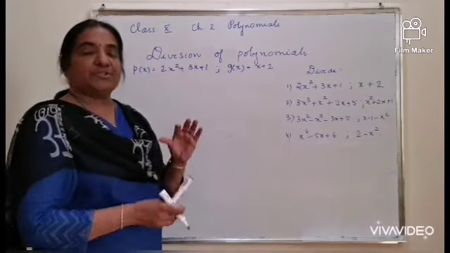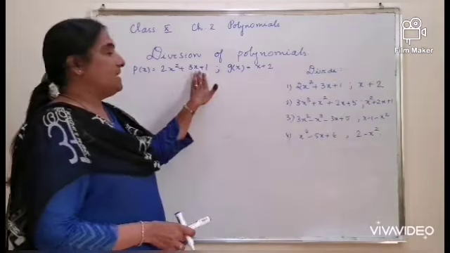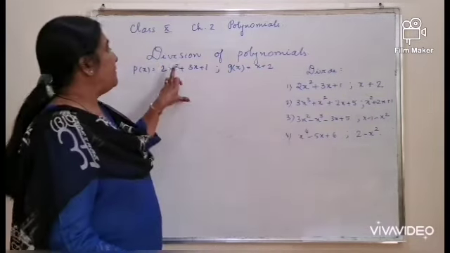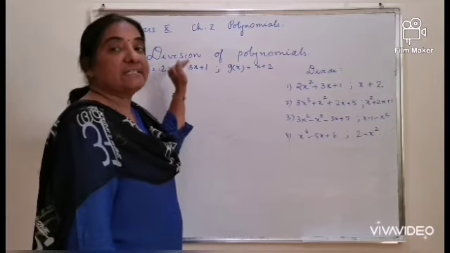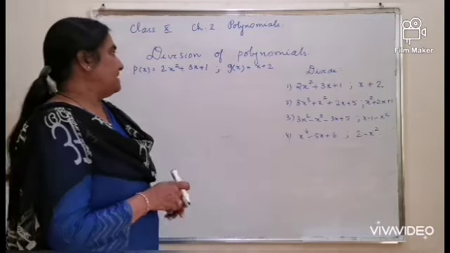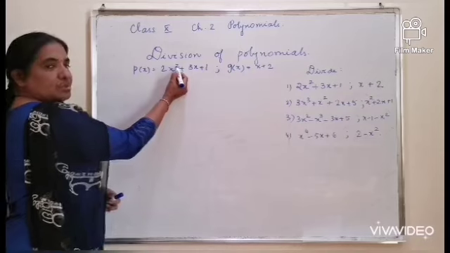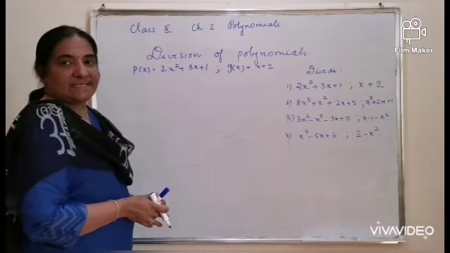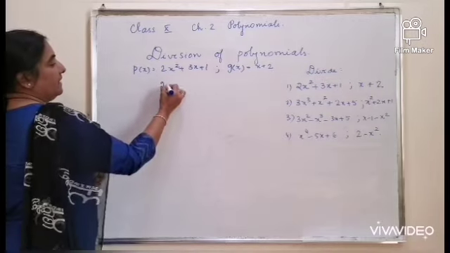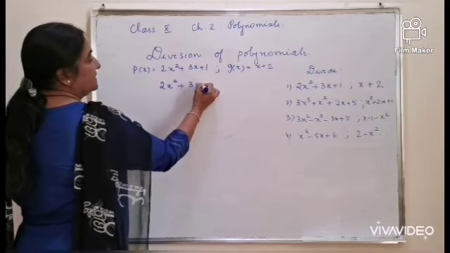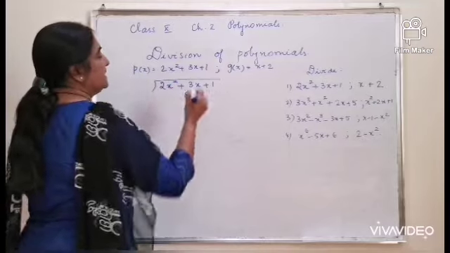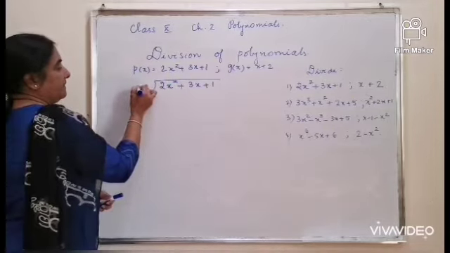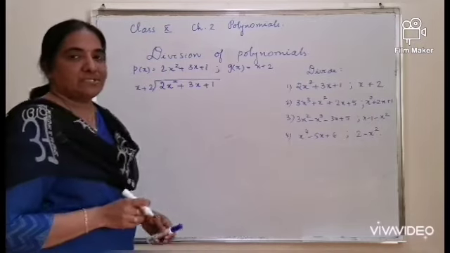Before arranging, you should see whether the polynomials are in the standard form. Standard form means the power of the variable is in descending order. Here the highest power is 2, the next power is 1, and then the constant term. After making sure that the dividend is in the standard form, the divisor is x plus 2.